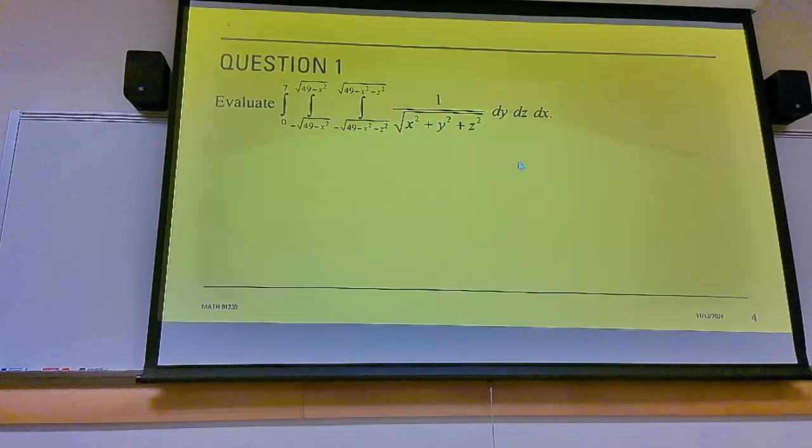Question, which one do you want to convert to? I think it's cylinder. Yeah, cylinder. Cylindrical? Absolutely, yeah, cylindrical. Who wants to play devil's advocate?